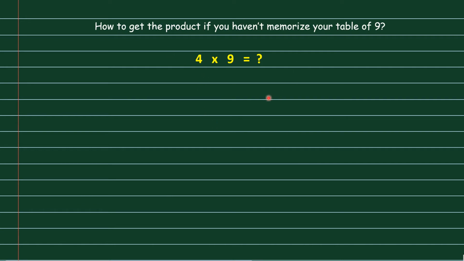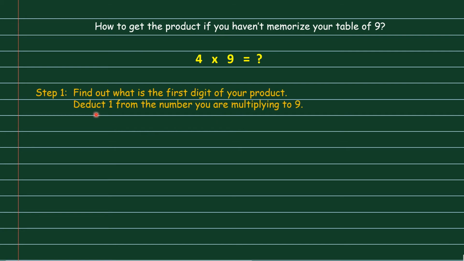Okay, so paano naman ang 4 times 9? Madali lang yan. Let's do step 1. Find out the first digit. So, deduct ulit natin ang 1 from the number we are multiplying to 9. So, ano yung minumultiply mo sa 9 na number? 4.